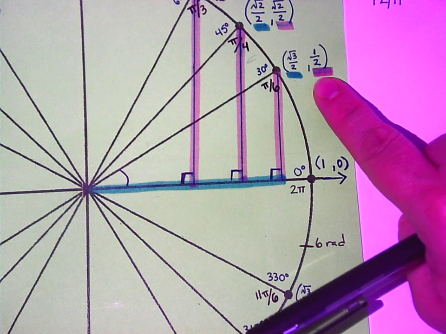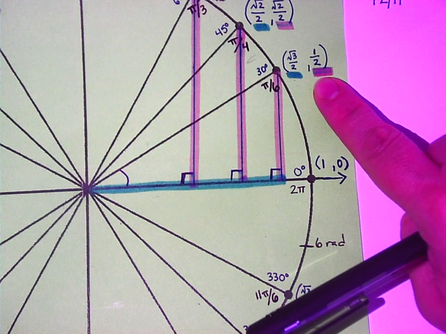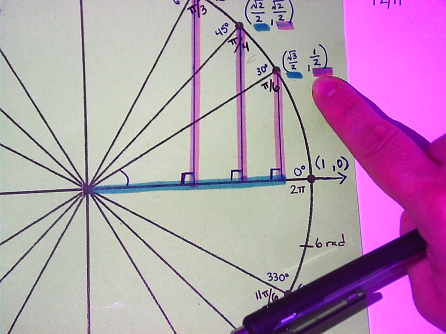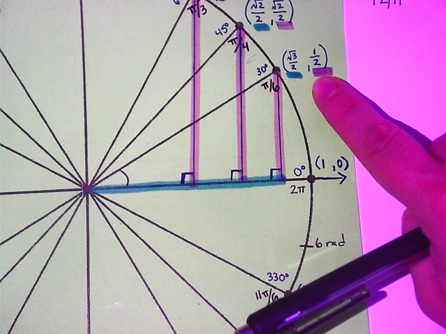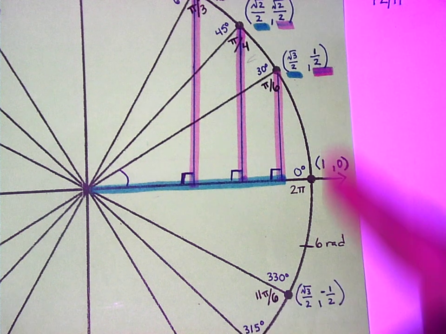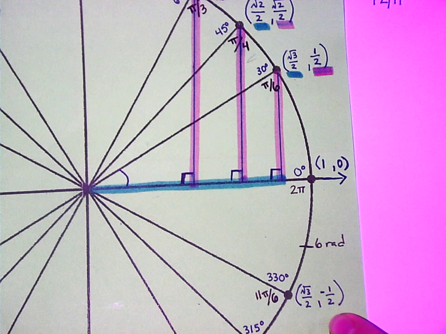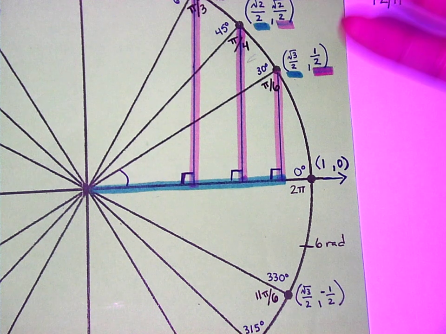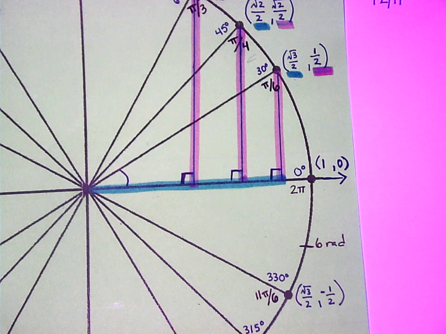Everybody pointing at the y value right now? Okay, now point your finger at the sine of negative 30 degrees. Negative 1/2. Does it make sense to you that since we're going from the top half to the bottom half, we're talking about y's, that one of them will be positive and one will be negative?